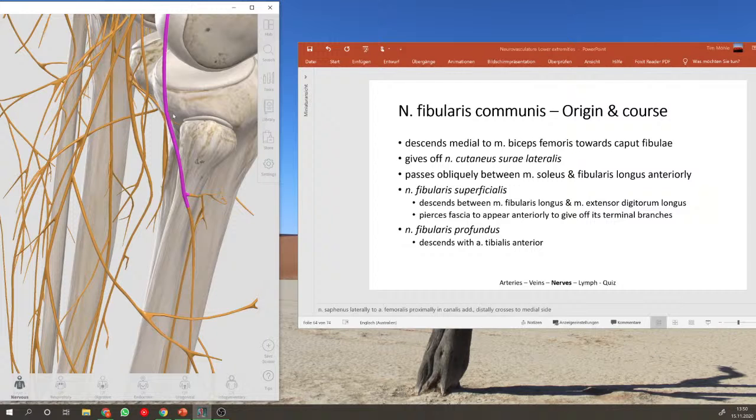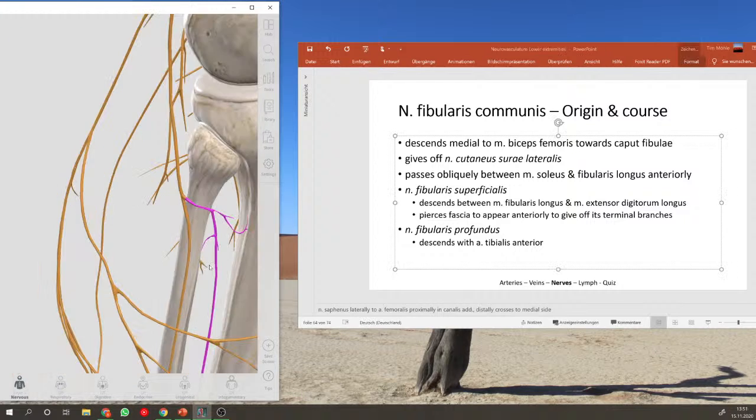It will run deep together with arteria tibialis anterior. If you remember, arteria tibialis anterior was just running in front of membrana interossea cruris. So it will run together with that. And the superficial fibular nerve, it is this one, will give off some muscular branches for the muscles in this compartment and supply it.